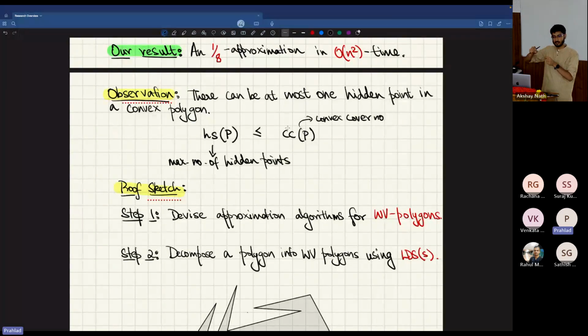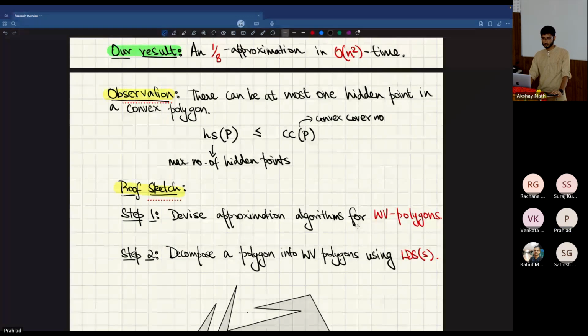If you place two, they see each other. And that's how you get this inequality, right?